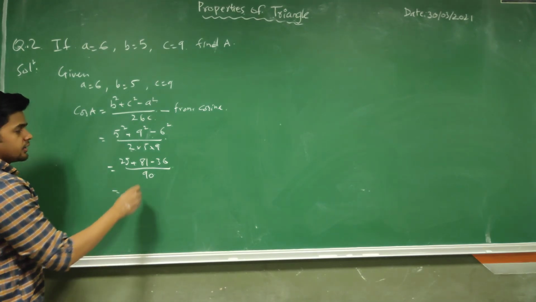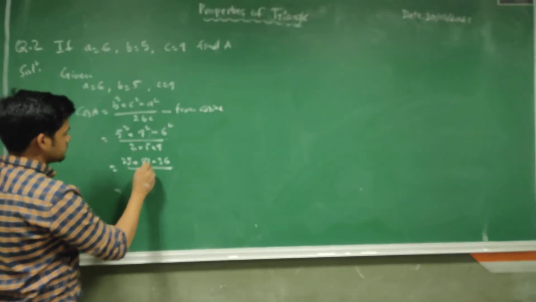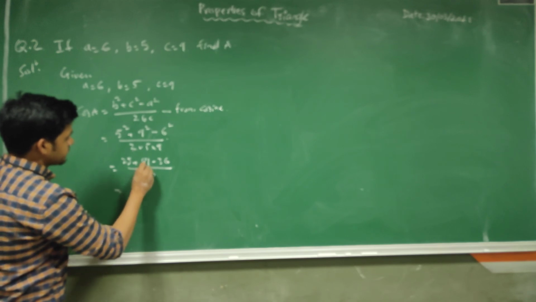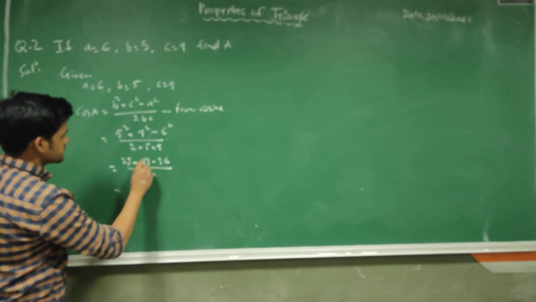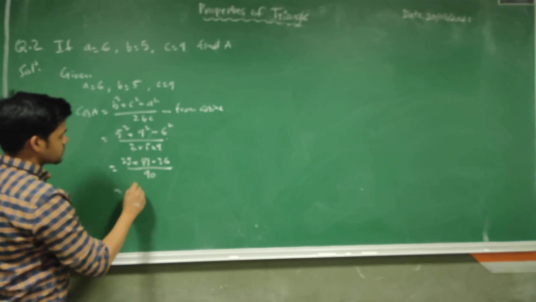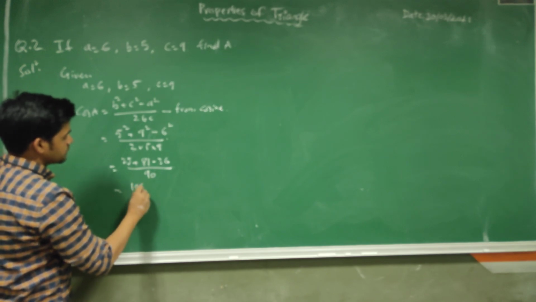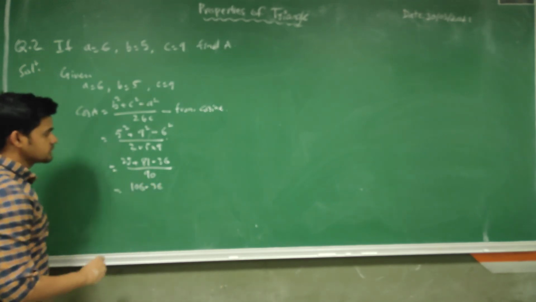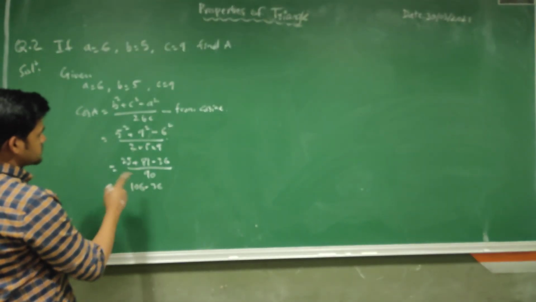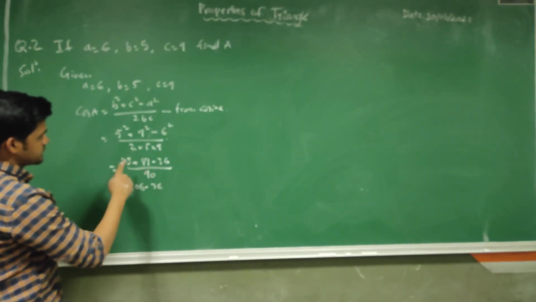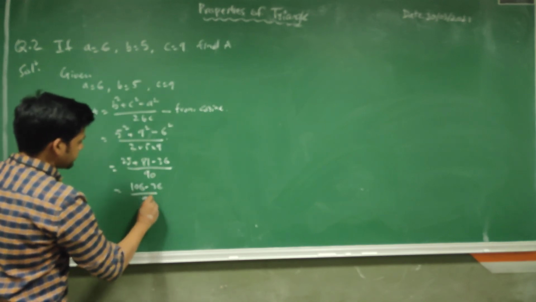And here if we reduce this, 25 plus 81 is 106, minus 36 is 70... so we get 60 by 90.